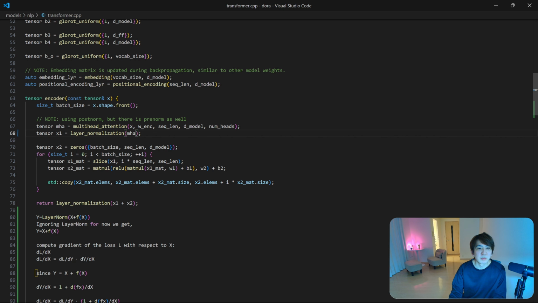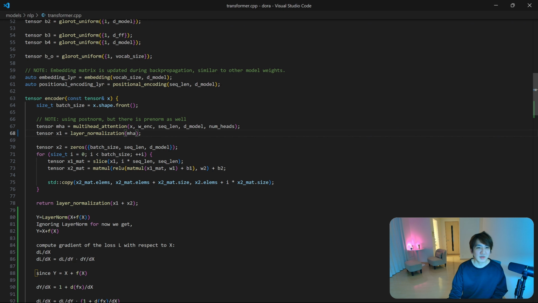Sometimes when the model gets deeper, if we stack encoder or decoder with multiple layers, sometimes the model loses the ability to preserve information from earlier layers.